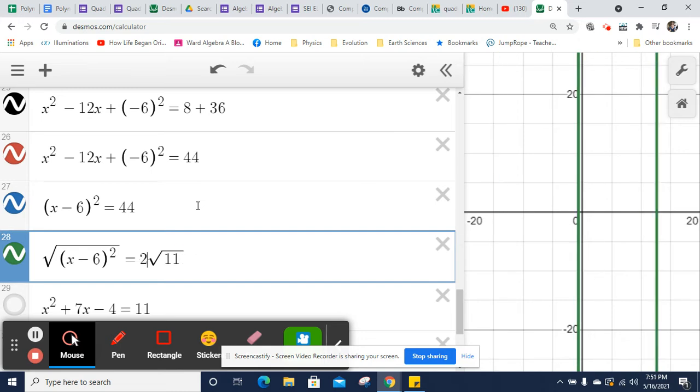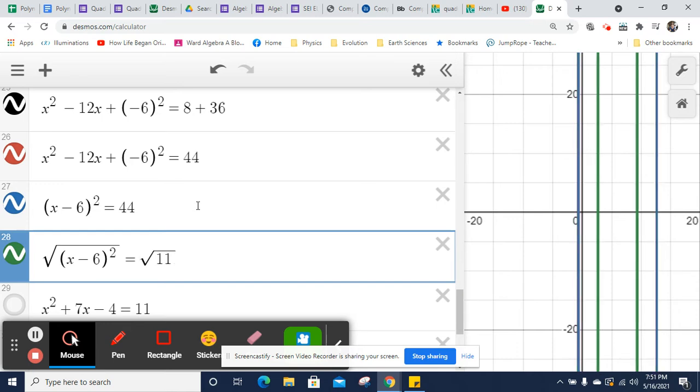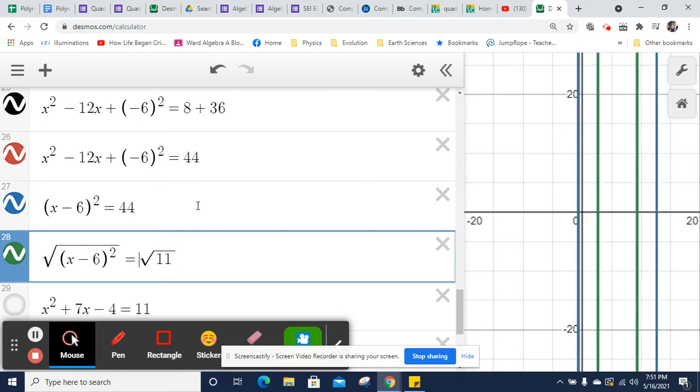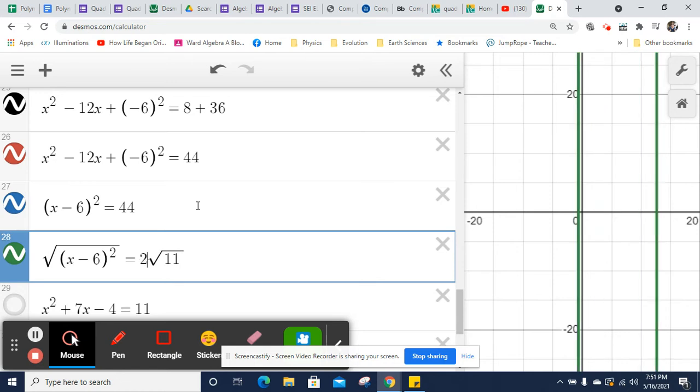Okay. So let me just go back and show you what I just did. So that's 4 times this 11 inside the square root. I cannot reduce the square root of 11 without estimating, but I can reduce the square root of 4 into a 2 and a negative 2.